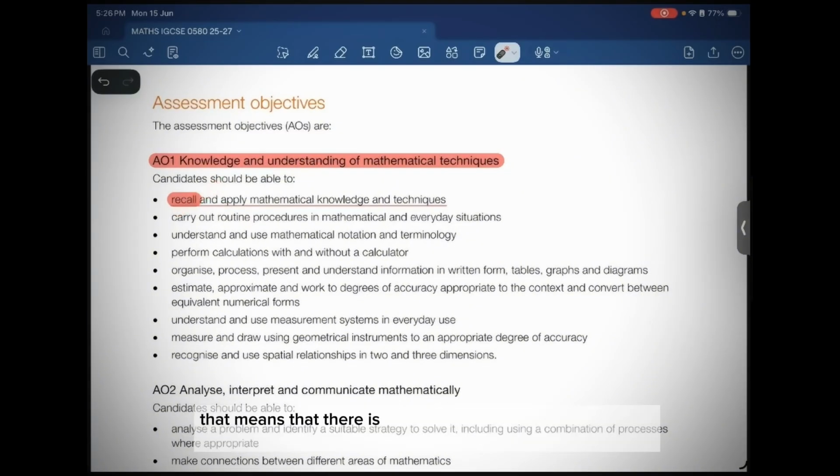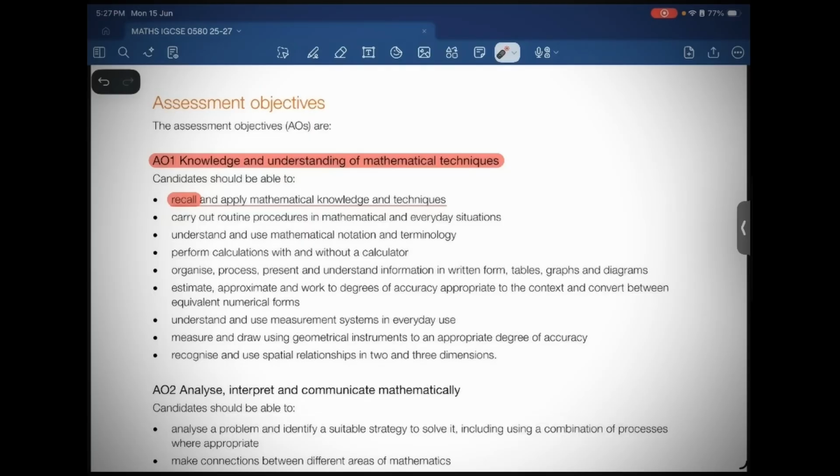That means that there is a pre-existing expectation from the examiner that you have been introduced to a certain technique and you're able to memorize it, or you're able to understand it, store it, whatever. And at that precise appropriate time in a particular question, you're able to recall it. So the examiner is expecting you to know that.